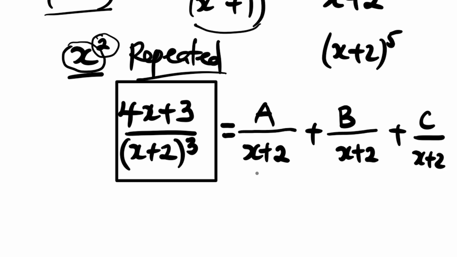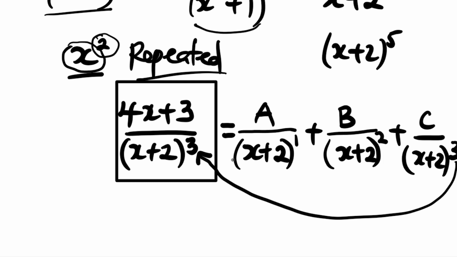Why am I writing it 3 times? Because it is repeated 3 times, but this one is raised to the power 1, this one to the power 2, and this one to the power 3. So you start from 1, then 2, 3. But 3 is the maximum power that you have here, so you need to also stop at 3. That's what you focus on.